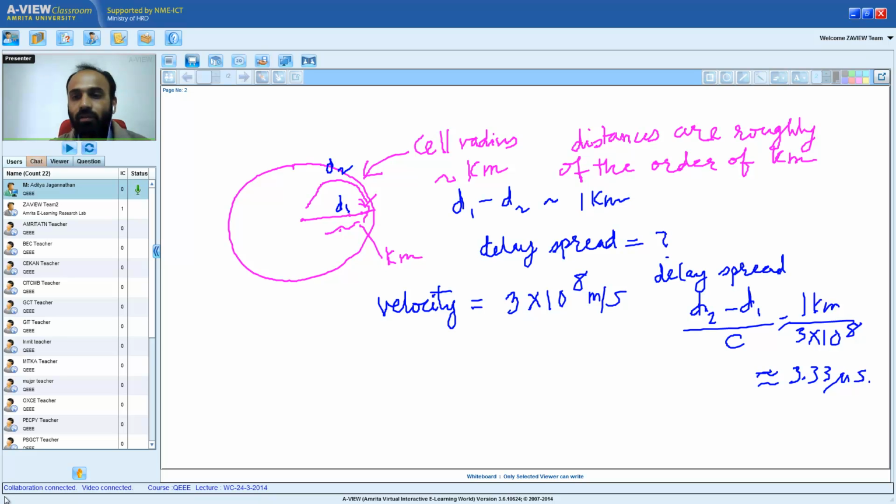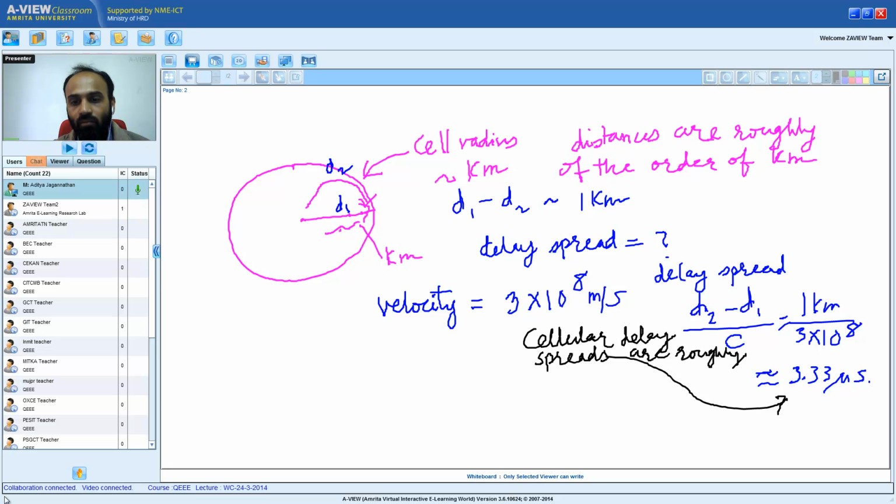So cellular delay spreads are roughly of the order of microseconds.